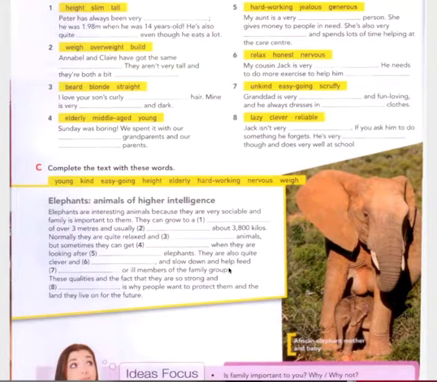They're also quite clever and kind, and they slow down and help feed elderly or ill members of the family group. These qualities and the fact that they are so strong and hardworking is why people want to protect them and the land they live on for the future.